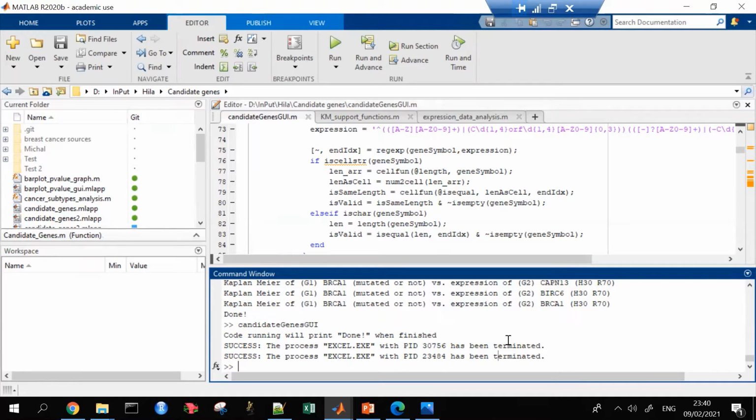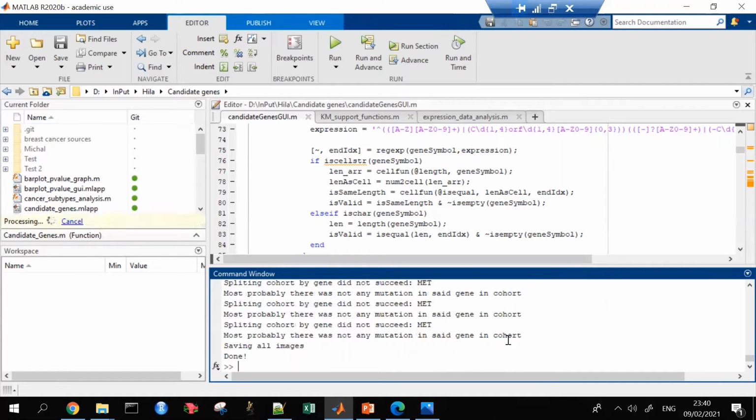Now, here's something that I want to show you. The thing is that there are not many documented mutations in genes, or if there are, they are not in the genes that we want to check.